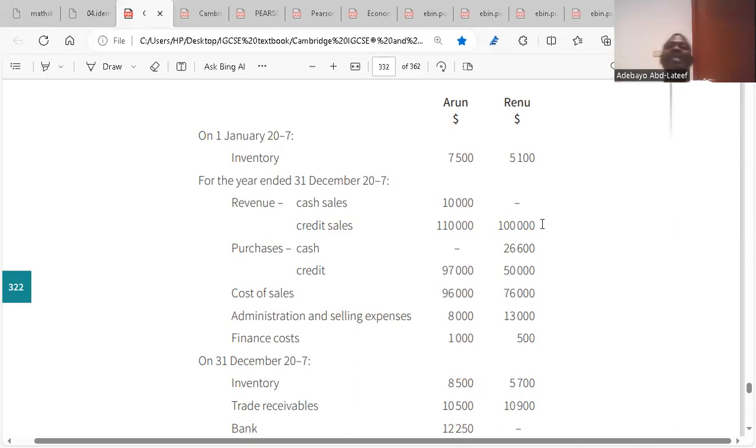You have to use credit sales. That's why you have it separately. If revenue doesn't have cash sales, then it's the total revenue. So this still becomes its total revenue. It is when you want to calculate the rate of trade receivables that you think about credit sales separately from cash sales.